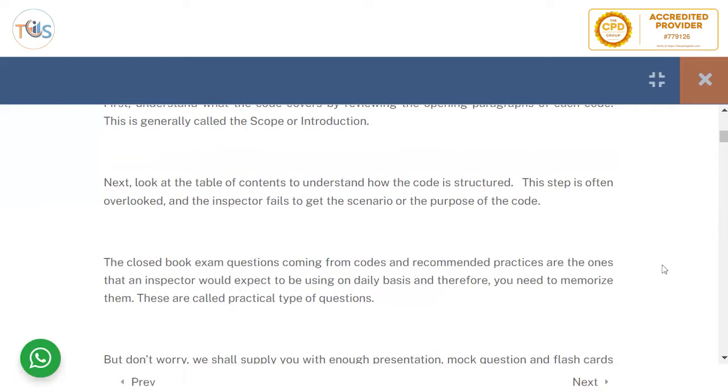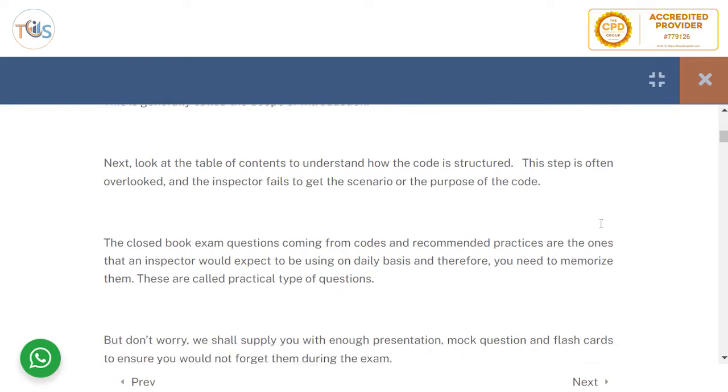So these are the basics that API wants to verify that you understood. And look at the table of contents, see how they are structured in the codes and recommended practice. This is often overlooked, because then you have difficulty during open book and go search for them, because you should know how they are structured, so you know where to look.